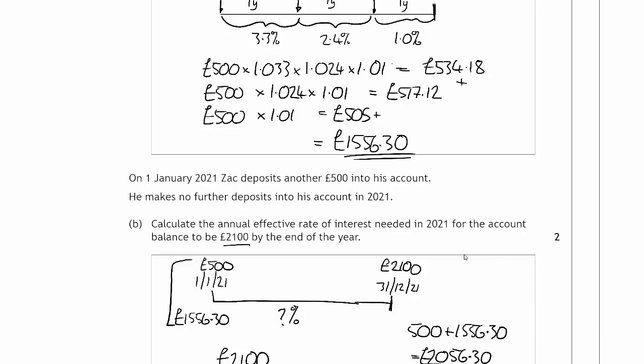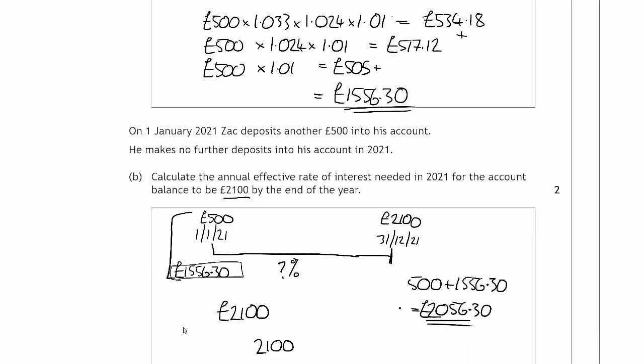Okay, so what you've got is we can say that that's how much is in the account, and then we add another 500, which gives us this. Okay, what interest, at what rate do we have to pay in order to get that up to 2,100? So what we do is we go 2,100.